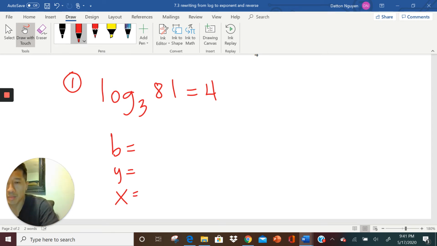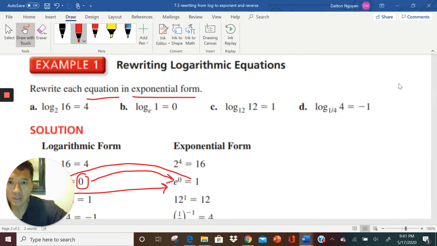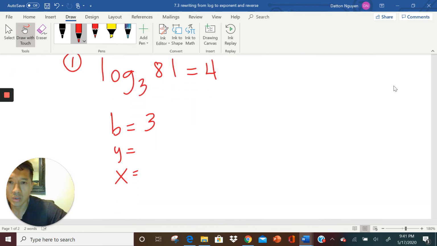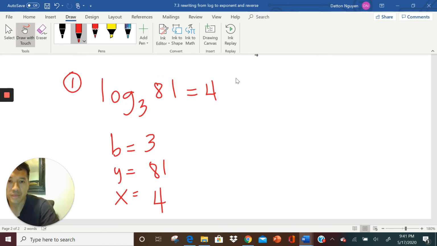In this case, b is 3, y is 81 and x is 4. So how do I write that in exponent form?